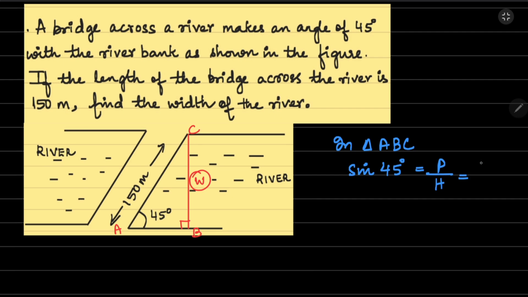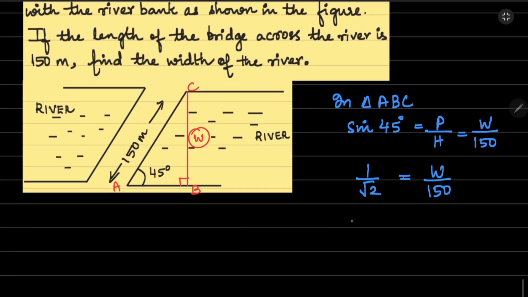What is your perpendicular? It is the width of the river, divided by hypotenuse, which is 150. What is sine 45? 1 by root 2. Sine 45 and cos 45 are both 1 by root 2. So 1 by root 2 is equal to width of the river divided by 150.